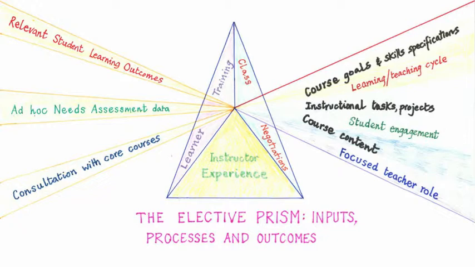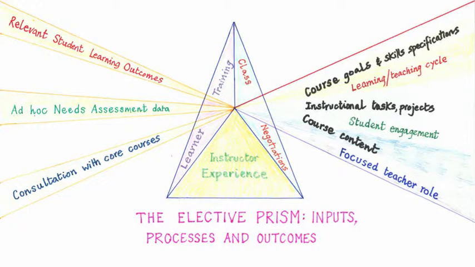Whereas, as is often the case with electives, students make choices according to the content of the elective, or the focus of the elective, the skill set of the elective, and therefore the classes are more mixed in terms of levels of English language proficiency.